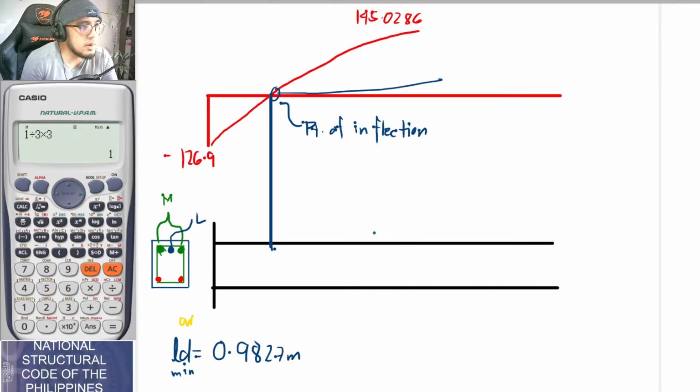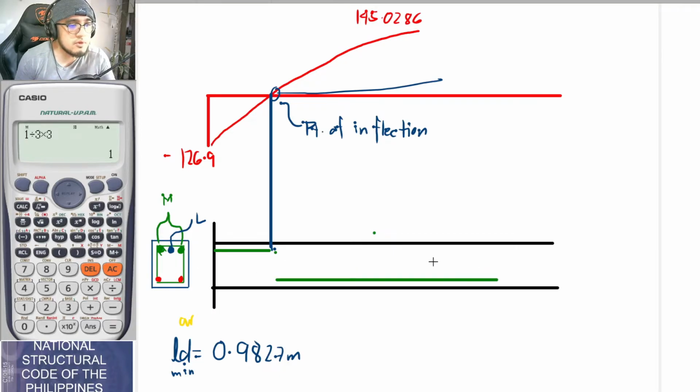So for your bars M, it should be reaching this point if this is your point of inflection, because at this section here, this is already a positive moment, meaning that the tension reinforcement should be at the bottom part already. So up until there, theoretically, according to the code, we will be extending this by a little.